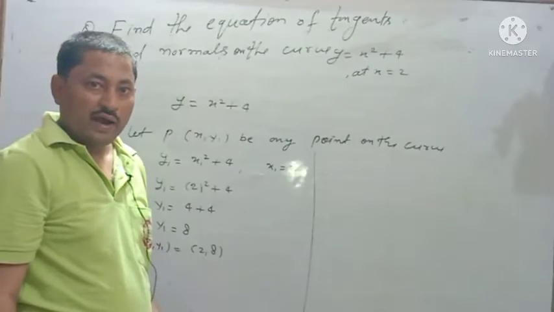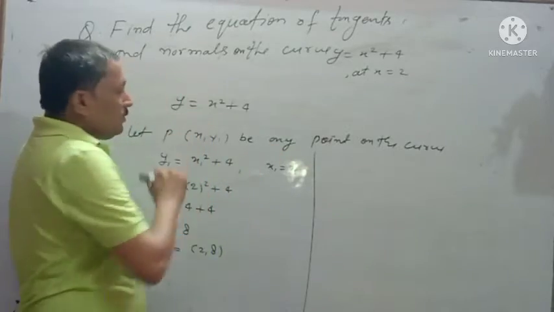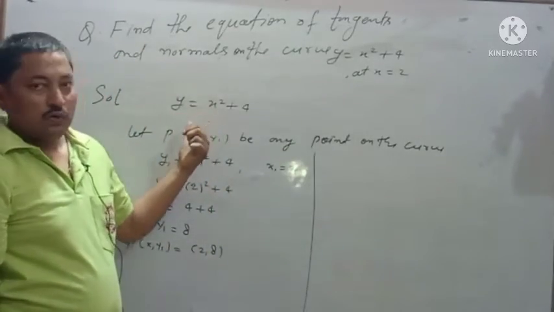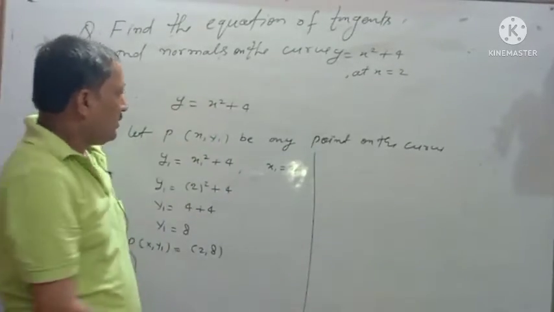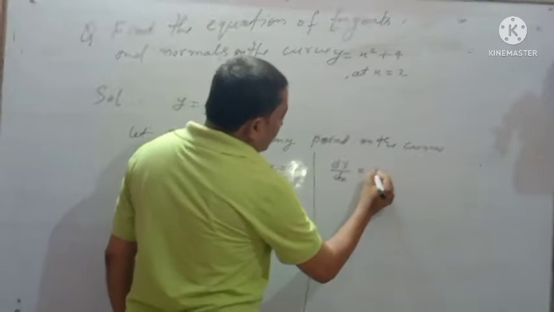We want to find the slope of the tangent. Therefore, taking the derivative with respect to x of the given curve, we get dy by dx is equal to 2x.